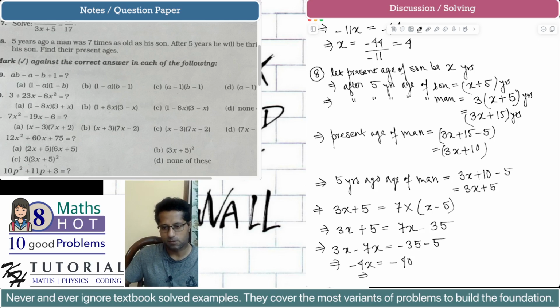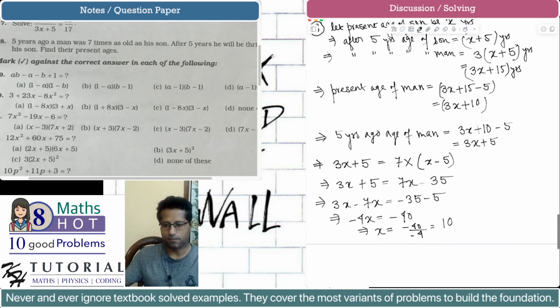This implies x is equal to minus 40 by minus 4, which is equal to 10. So the present age of the son is 10.